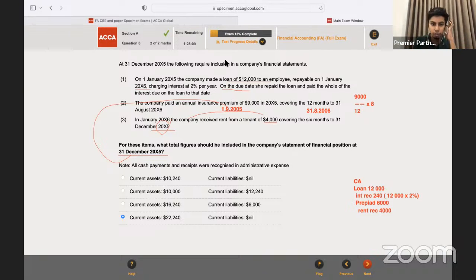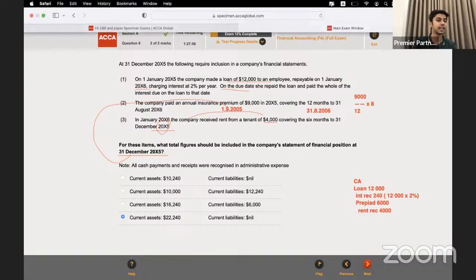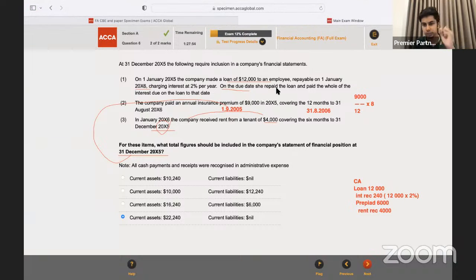Interest receivable is also a current asset. That's why I have taken that also inside current assets. We made a loan, so it's an asset. Interest is then income for us, but still we didn't get it at December. We got it in January, not at December. So as at December, it was interest receivable. Because of interest receivable only, I have taken it as an asset. Little bit check and see, are you okay with that part now?